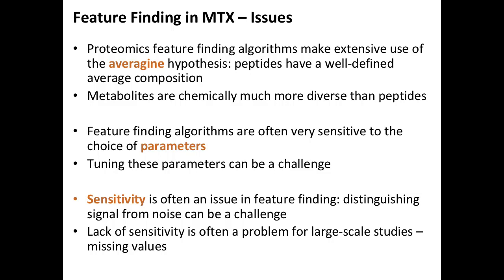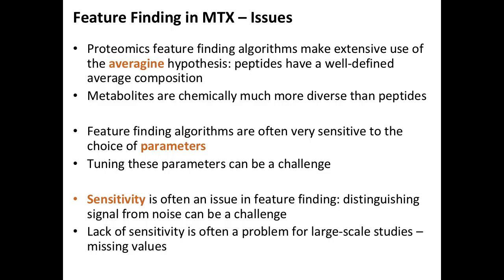In an ideal world, the algorithms would get away with a lot fewer parameters. You will see that we did that here. Also, the sensitivity can be problematic because this lack of sensitivity, as we discussed earlier, can lead to missing values, and that might be problematic in downstream analysis.